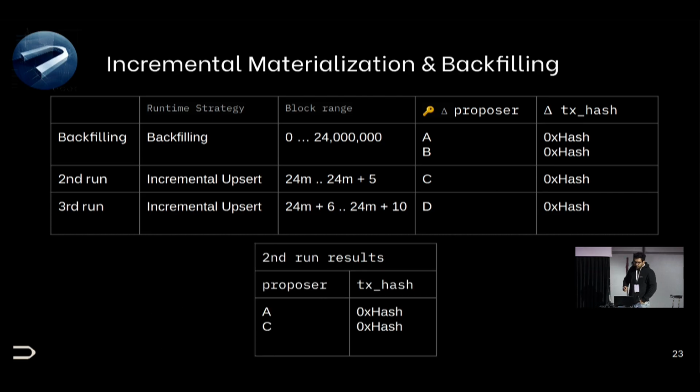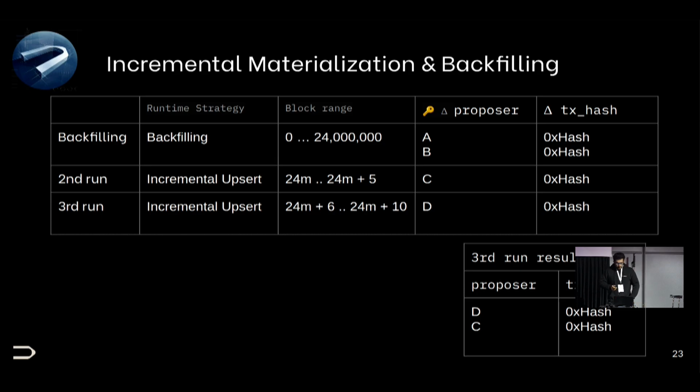Then, in the second run, the strategy changes. Now it transitions into incremental computation. Now, in the second run, if it finds, for instance, A and C, but since A is already here during the backfilling, it's not going to alert me on A, it's only going to alert me on C. And then let's say in the third run, it finds D and C, but it has already alerted me on C, since it's already there.